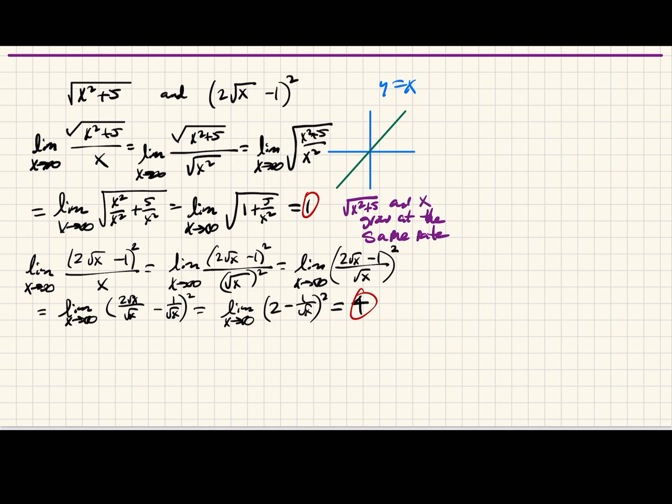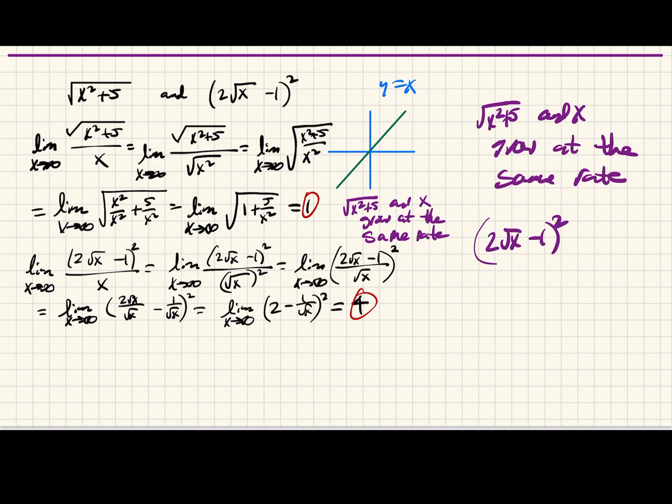So here's the logic. The square root of x squared plus 5 and x grow at the same rate. That last result, it's just a constant. It doesn't mean anything about who's bigger. It just says how fast they grow, right? And what we found is that (2 times the square root of x minus 1) squared and x grow at the same rate.